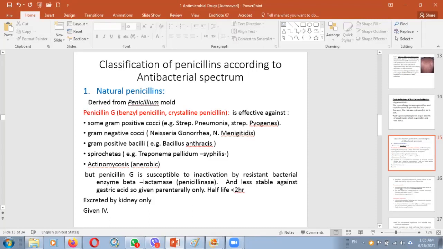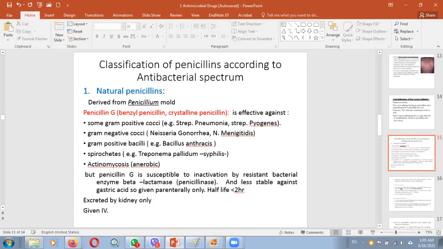But penicillin G is susceptible to inactivation by resistant bacterial enzyme, as we said before. It's a kind of beta-lactamase, and specifically it's called penicillinase, and less stable against gastric acid.